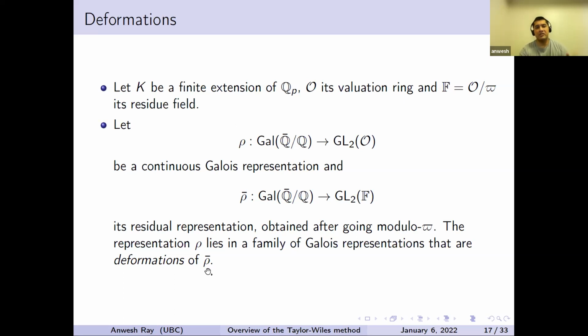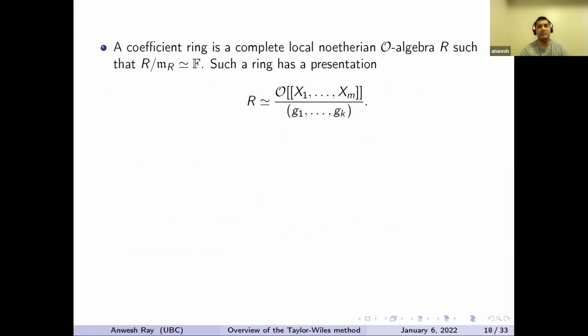I'm going to come to the notion of deformation of rhobar in a second. The point is that a deformation takes values in a certain very large ring. So it's not necessarily a ring as small as Z_p or O. It's something a lot bigger in general. So the type of rings we're looking at are rings which have a presentation of the following form.